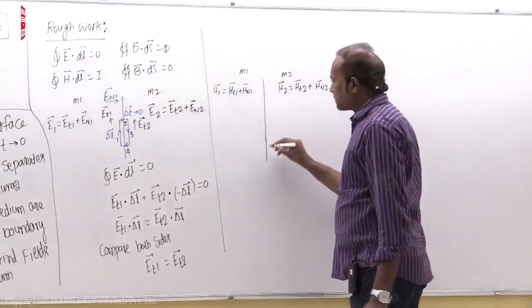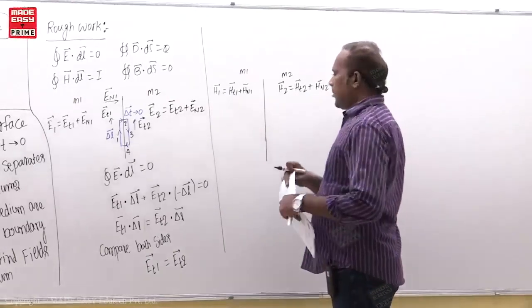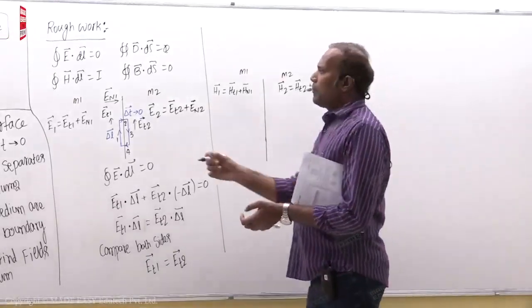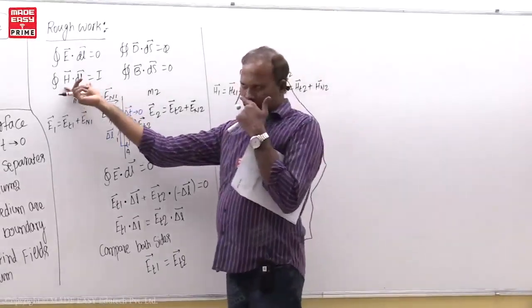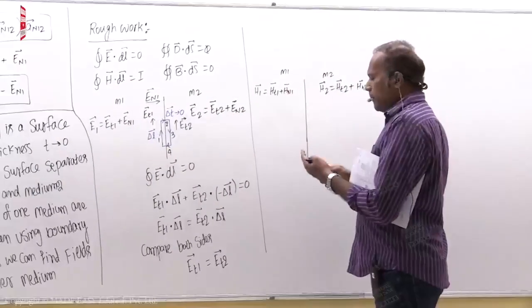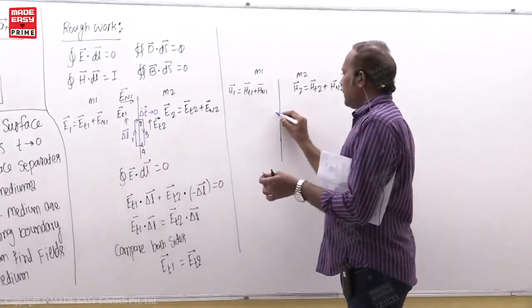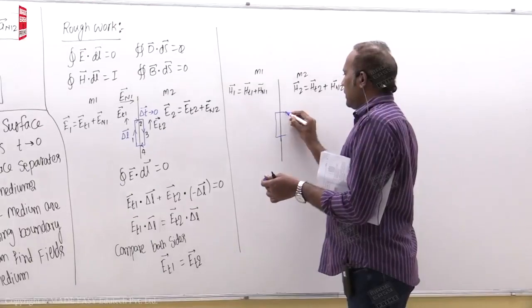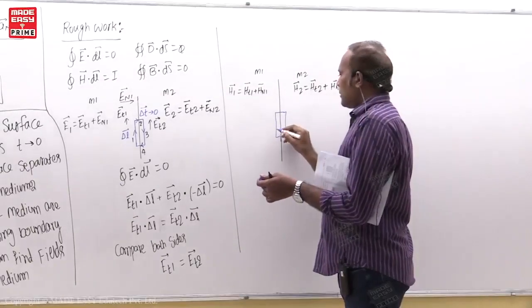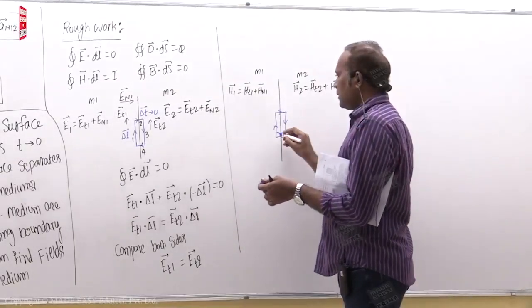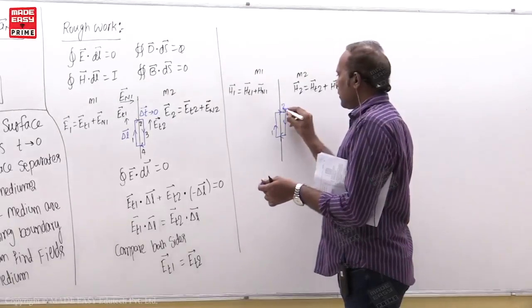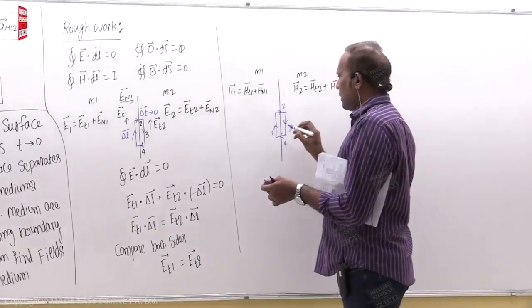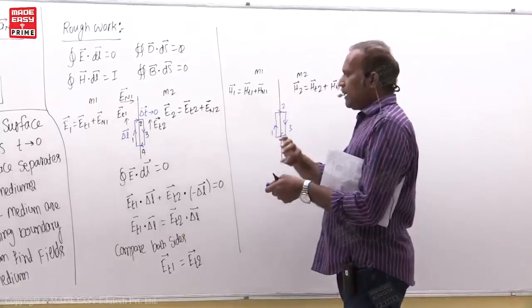Now, because I am going to take this equation here, I have to take a closed line once again, like this. If I take a closed line, this is the first one, second one, third one, fourth one. Once again delta t, same thing.